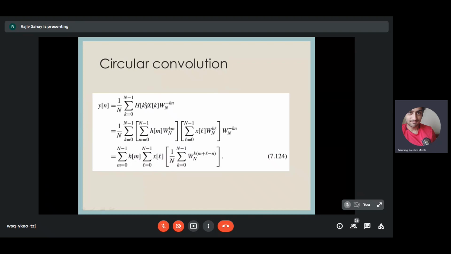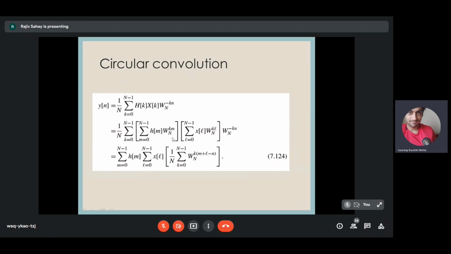This can be simplified by using the DFT inside this formula. So you can write H[k] as the sum of h of m into W_N^{km}, m going from 0 to N minus 1. Similarly, X[k] can be found out as the sum over l from 0 to N minus 1 of x of l into W_N^{kl}. So this is just H[k] and X[k] expanded out, and you have W_N to the power minus kn here.